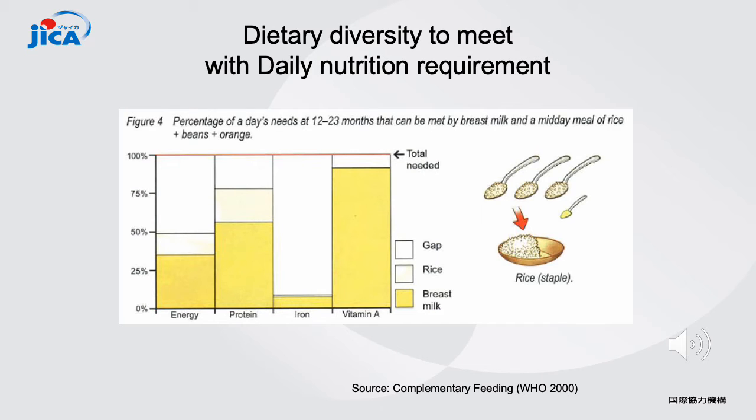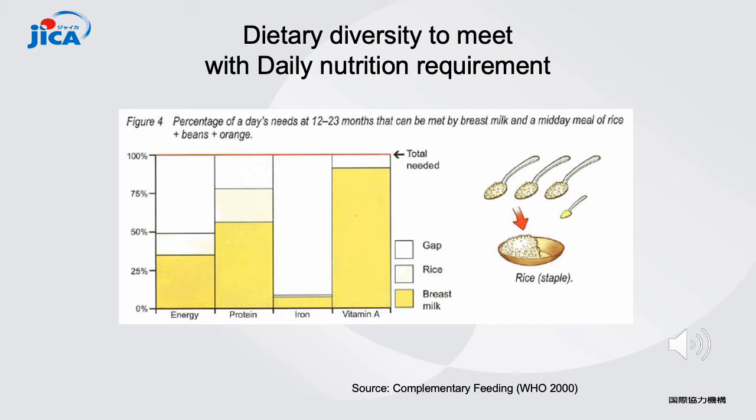Okay, let's start from rice. Suppose if mother prepare complementary feeding only by rice, the result is like this. The nutrition supplied by breast milk is in yellow color, and there is a gap in white. And in between that, there is a supply from rice.